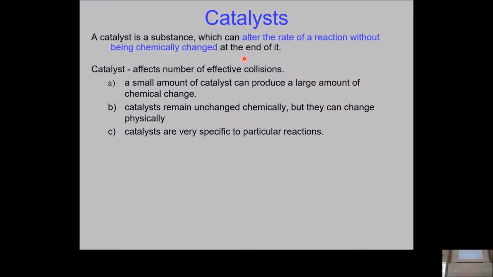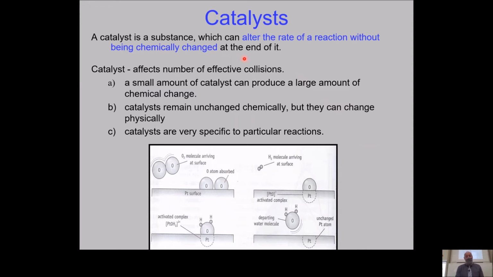If you want to preserve the number of people in the world, you want to make enough food to feed everybody, you're going to need fertilizer. And ammonia is one of the key ingredients in fertilizer. So you want to make it, but you don't want to make it in 20 years' time. You need to feed people now. So the rate of reactions is massively important, right? Commercially and for all sorts of other reasons.